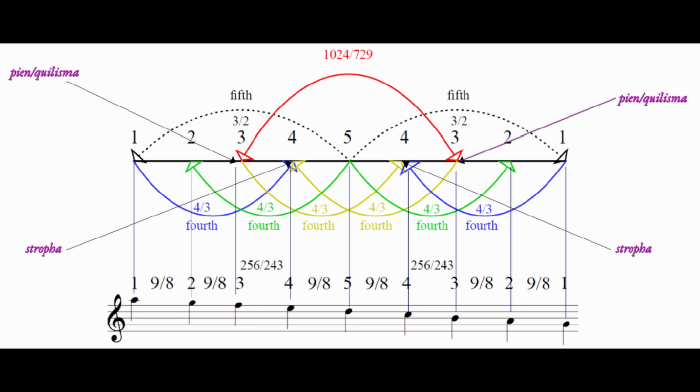Nevertheless, this arrangement of pitches can be converted as a relative palindromic series of pitches as follows: G, A, B, C, D, E, F, G, and A. This palindromic scale has a series of ratios of 9 over 8, 9 over 8, 256 over 243, 9 over 8, 9 over 8, 256 over 243, 9 over 8, 9 over 8.